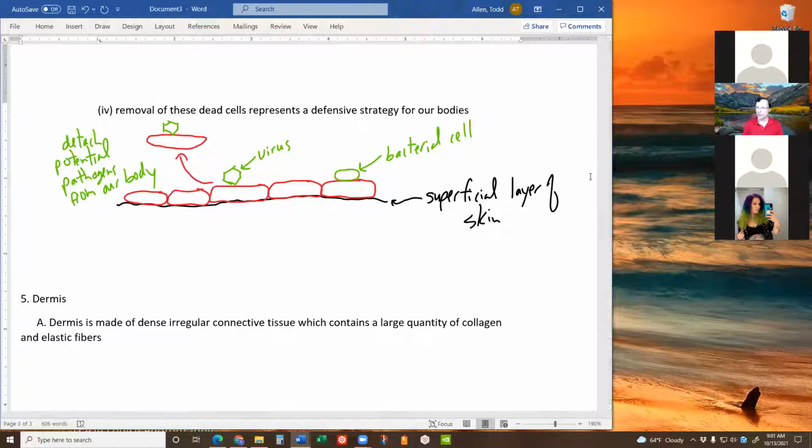Okay, question in the chat window for everybody. Here we go. If there are many collagen fibers in the dermal layer of skin, what type of cell do you expect to find in this layer? Think about what you've learned in terms of the kinds of cells we find in connective tissue.